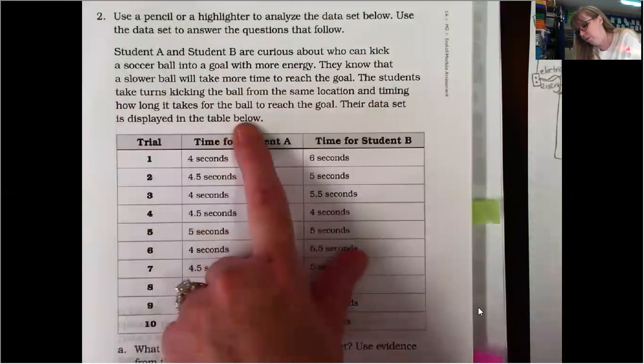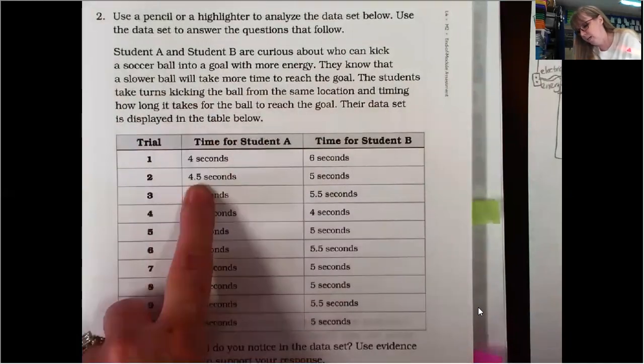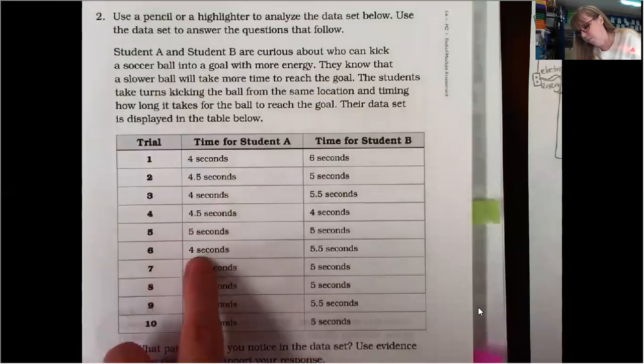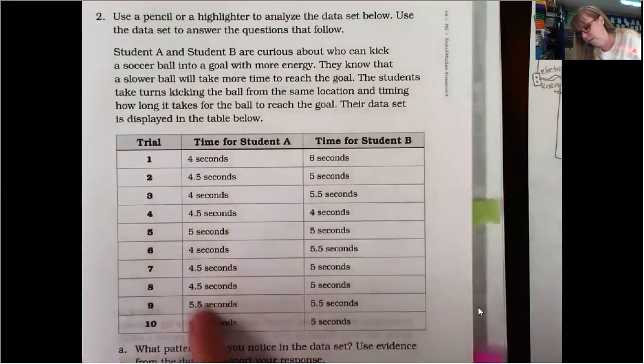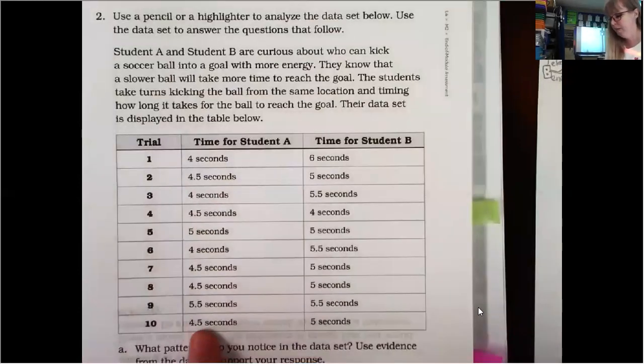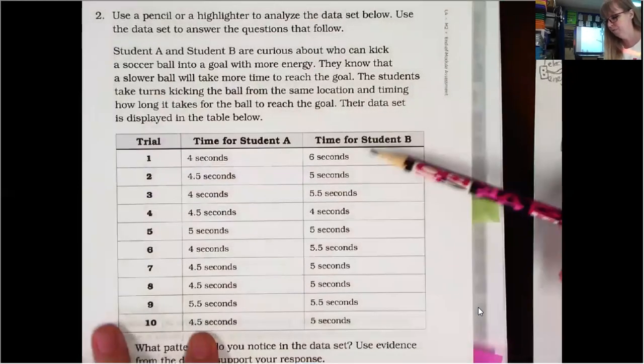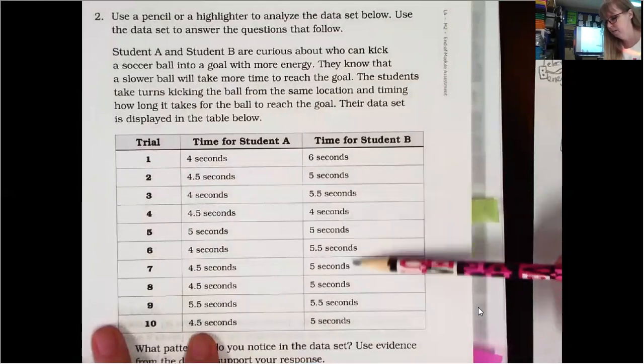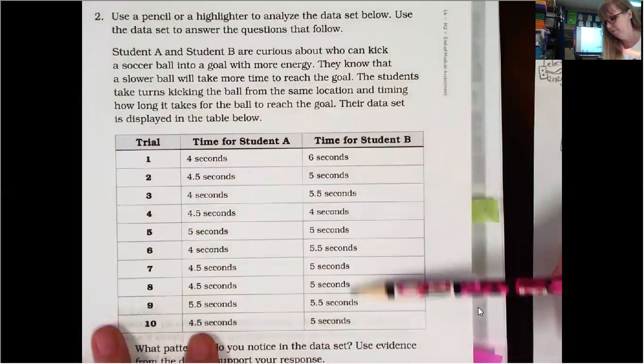So student A: 4 seconds, 4.5, 4, 4.5, 5, 4, 4.5, 4.5, 5.5, 4.5. Student B: 6 seconds, 5, 5.5, 4, 5, 5.5, 5, 5, 5.5, 5.